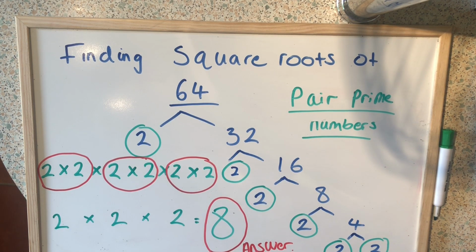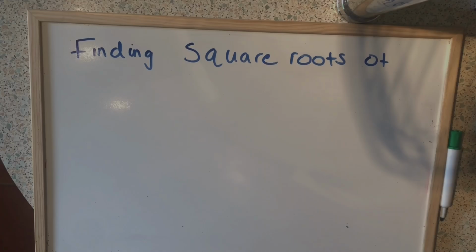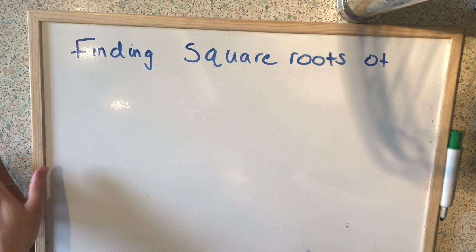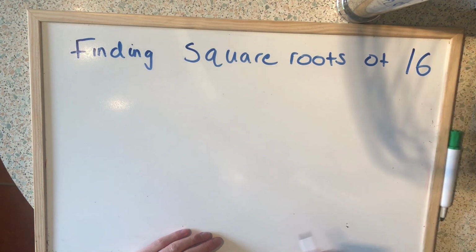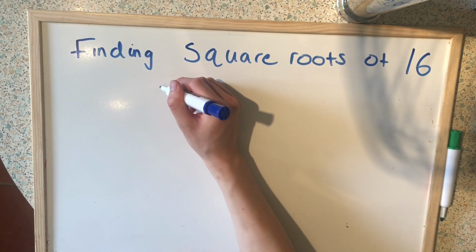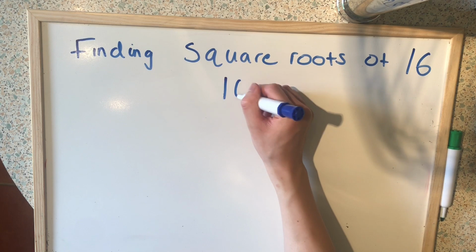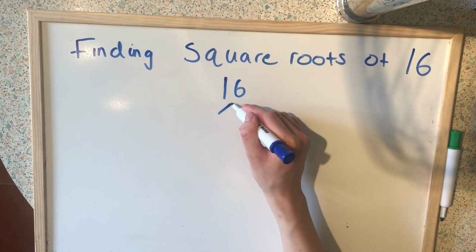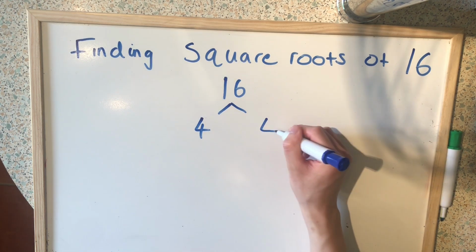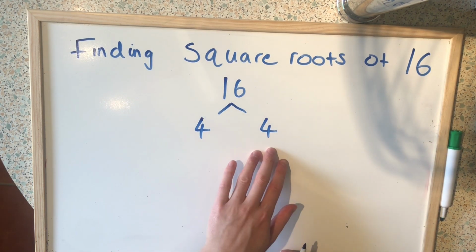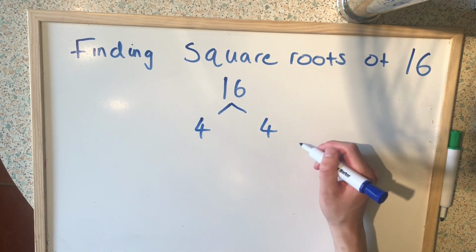I'll just show you another example. So now we can do finding the square roots of, let's say, 16. So we've got 16. We know we can have 4 times 4. Are these prime? No, they're not. So we can continue.